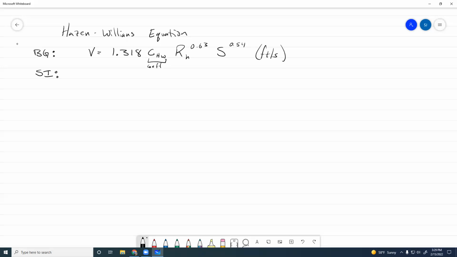We can look this coefficient up in table 3.2 in your book, and it's going to give you these Hazen Williams coefficients for different types of pipes. In SI, it is just a different coefficient, 0.849 times C_HW, and then the exponents don't change. Why don't the exponents change if we're in a different unit system?